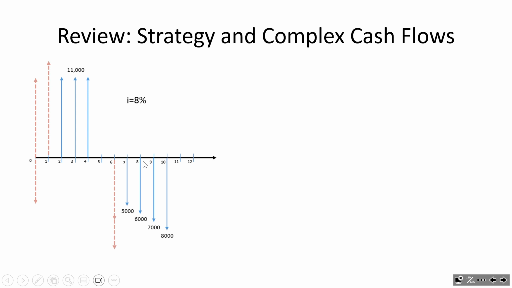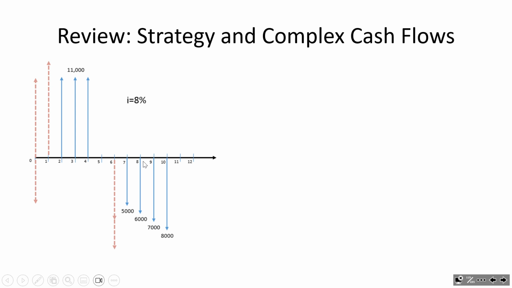So if you were doing the table method, now that you've got this all laid out, what you could do is say, well, I know I want to do a find P given A with I equals 8%, N equals 3. So you could look up that factor, and then you could just basically translate your strategy into the factors that you're going to need.